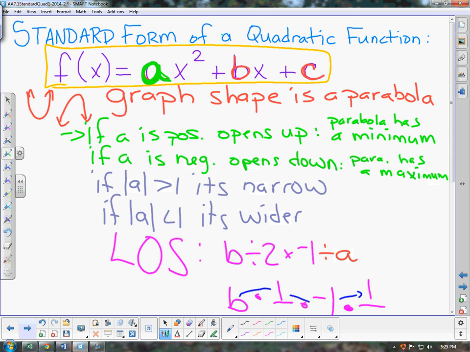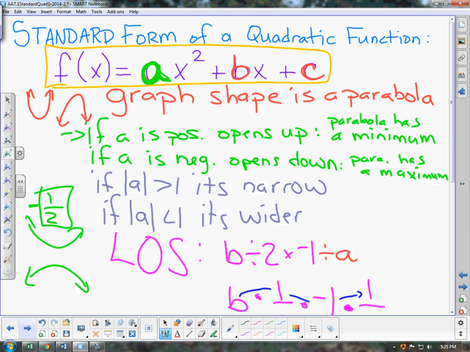When it's less than 1 and greater than 0, the closer it is to 0, the wider it gets. So that's why there's an absolute value here, because if you have like 1/2, it's going to be like that, while a negative 1/2 is just the flip of it. It's still the same width. So you only look at that part of it to determine wideness and narrowness of your parabola.